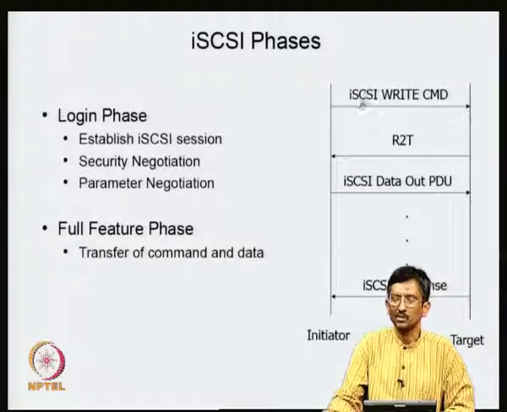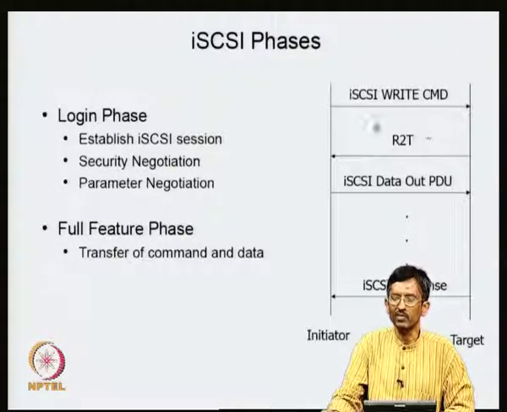So you write the SCSI write command, you send it from the initiator to target. Again, just as usual in SCSI, the target has to allocate the buffers and be ready for getting the information from the iSCSI initiator. So it has to send a ready to transfer.